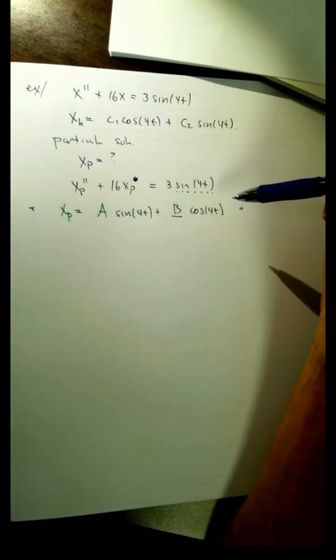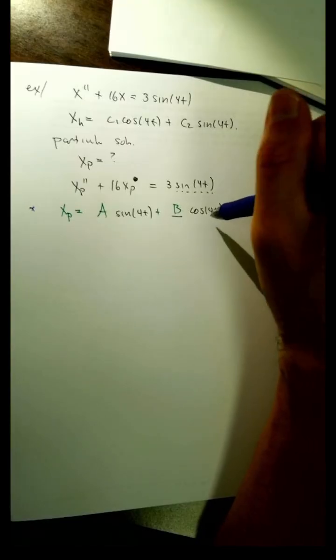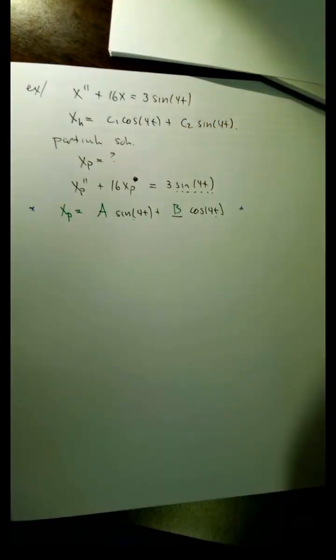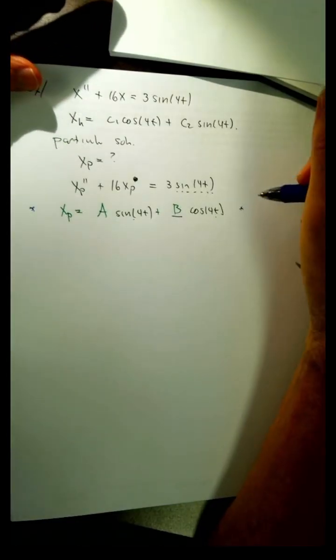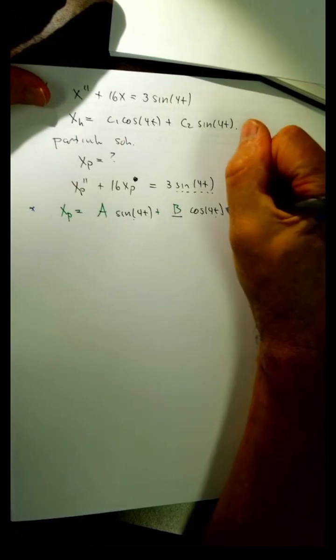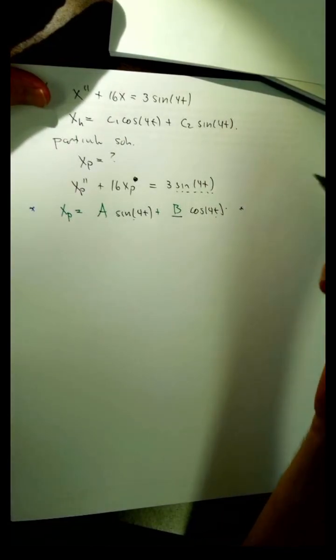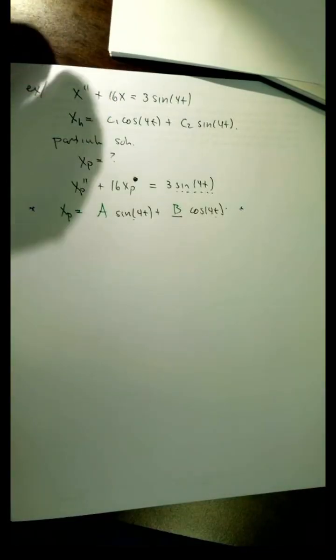I can come up with situations where you do need the cosine if you forget the sine. So just be warned that as I go through this example, it's going to seem like I don't need this, but in general, I often do. All right, so there's my particular solution.